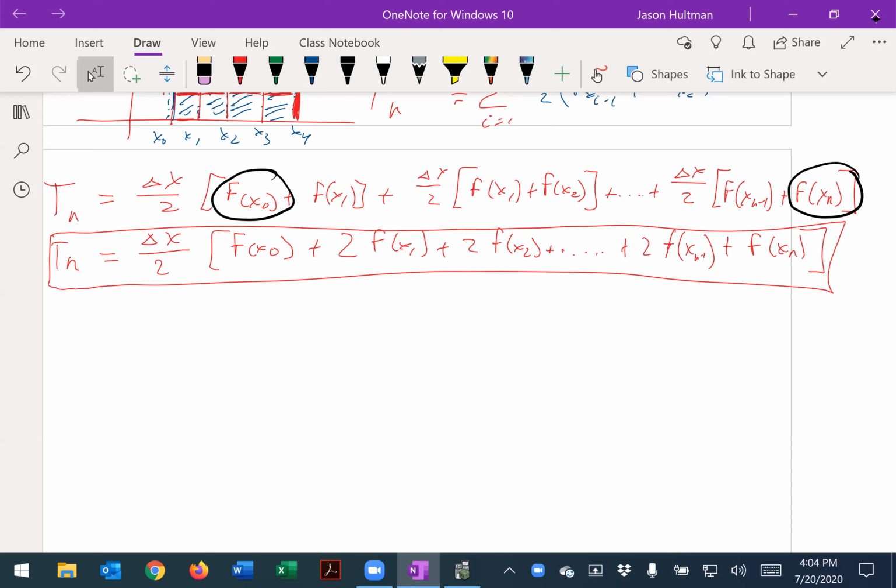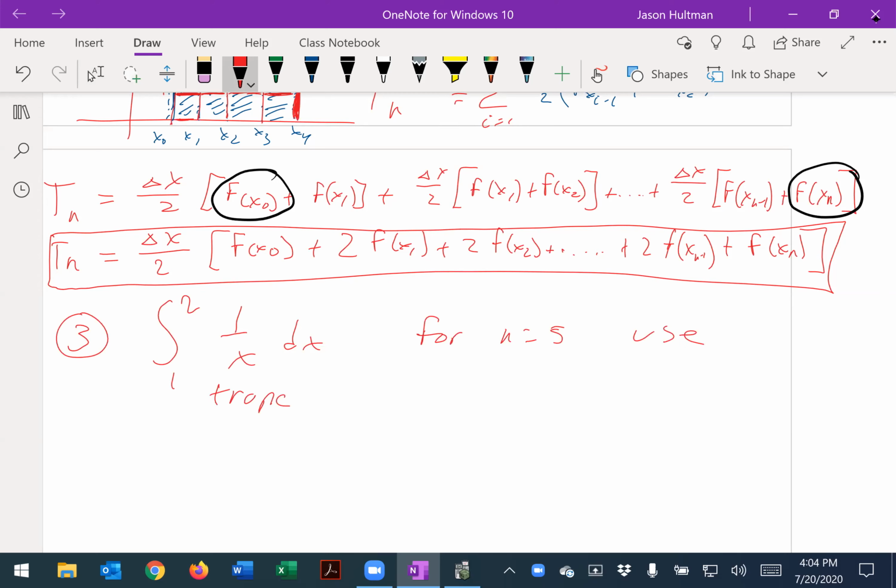So let's make this number 3: the integral from 1 to 2 of 1 over x dx, for n equals 5. Use the trapezoidal rule to approximate.